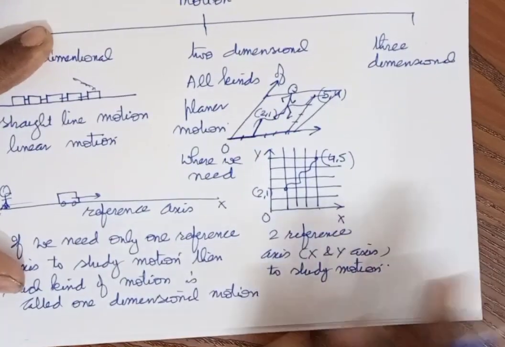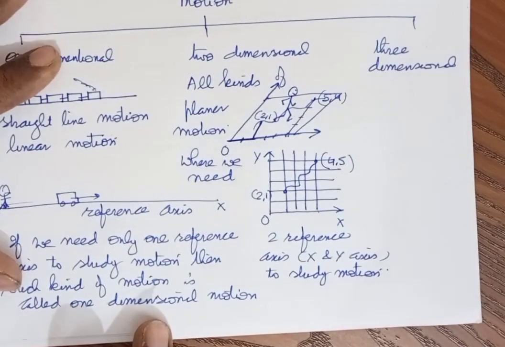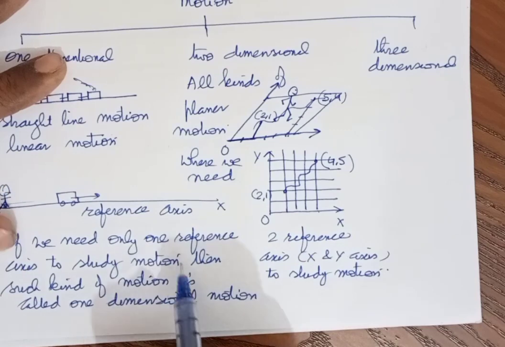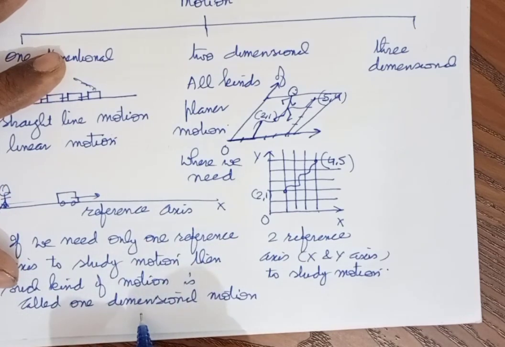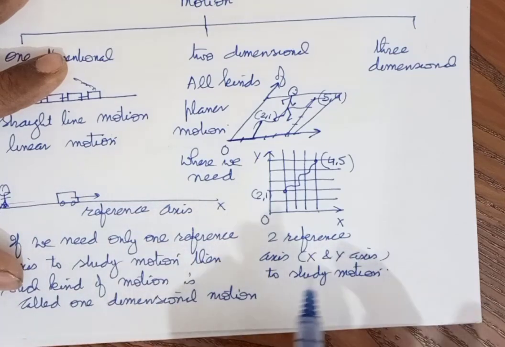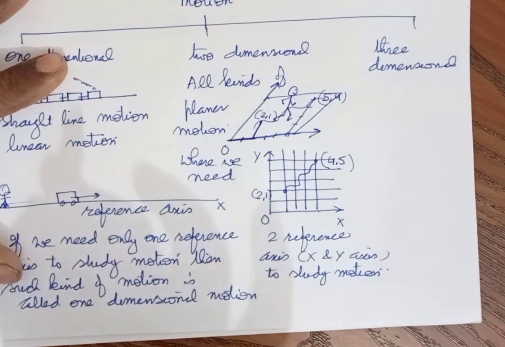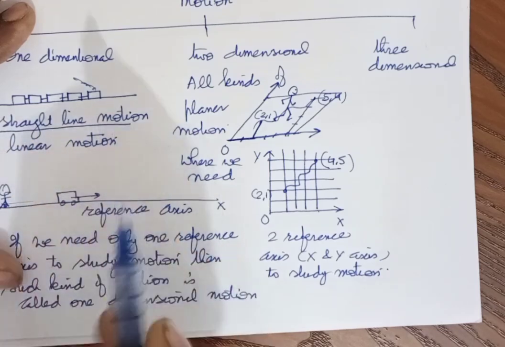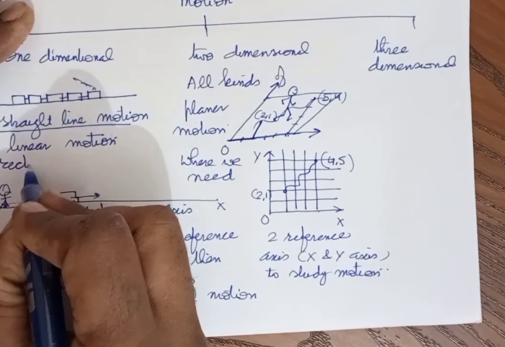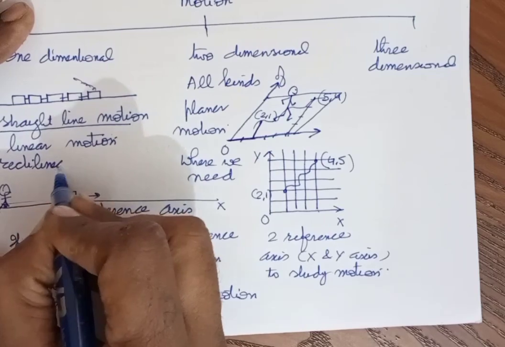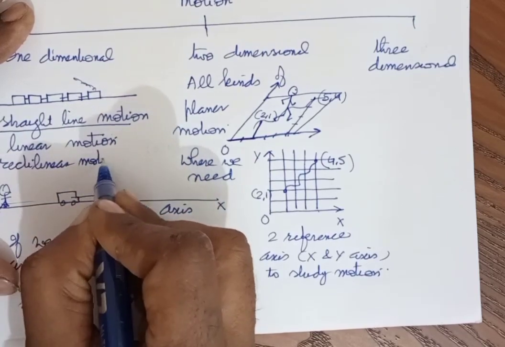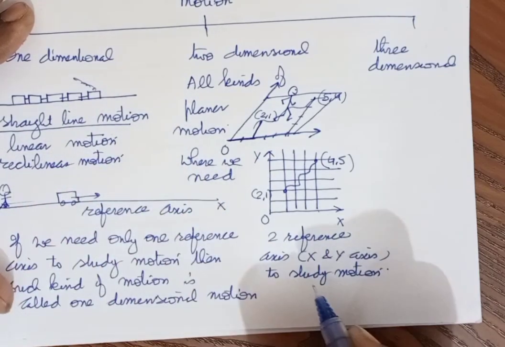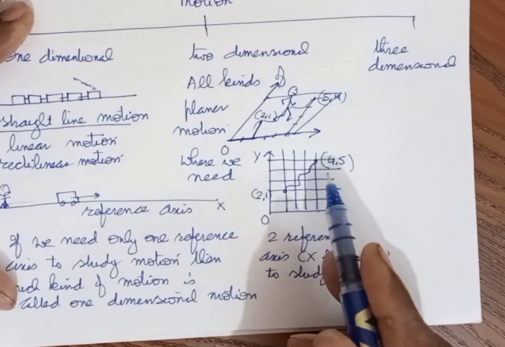See, such a motion is a straight line motion, and it is also known as rectilinear motion. If the motion is only in one straight line, then such motion is called rectilinear motion. However, in this case the path is curved because of two axes.